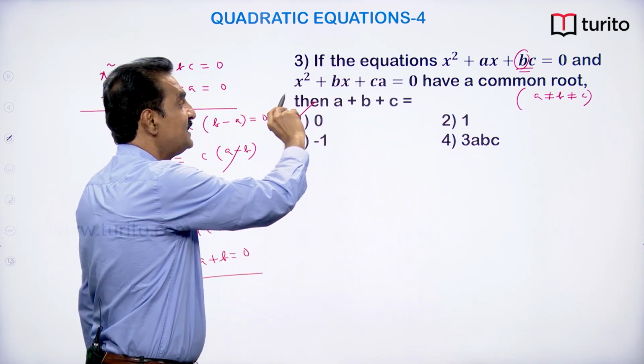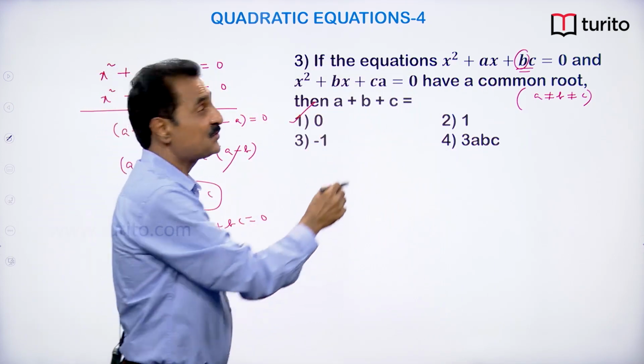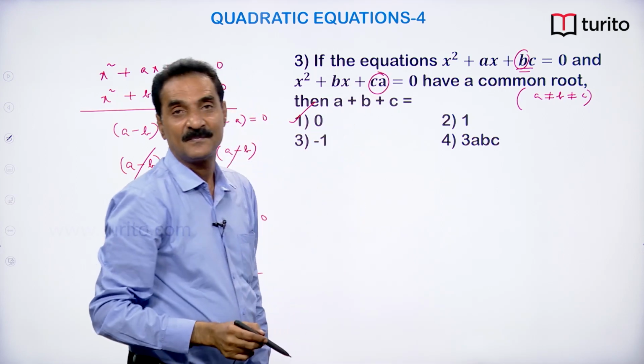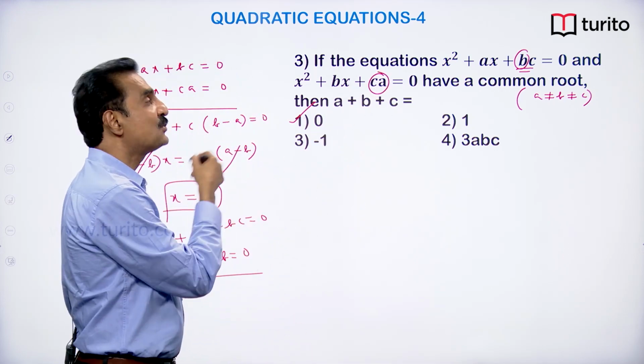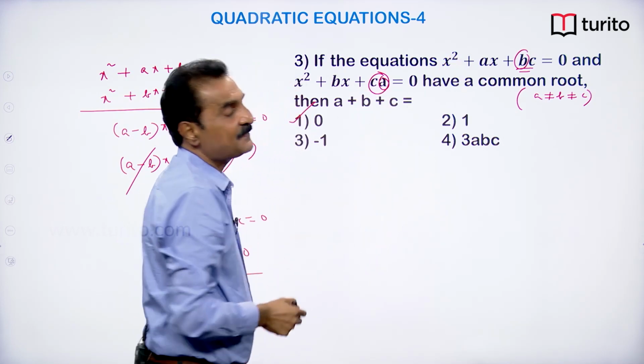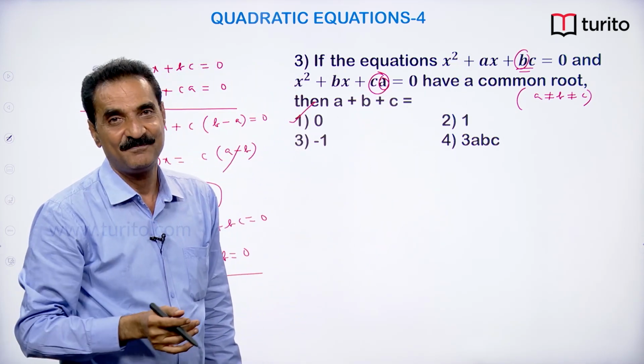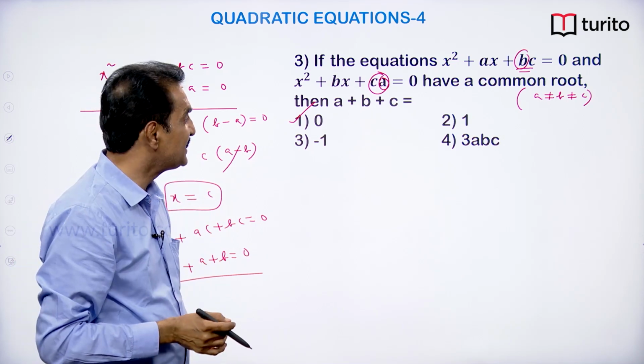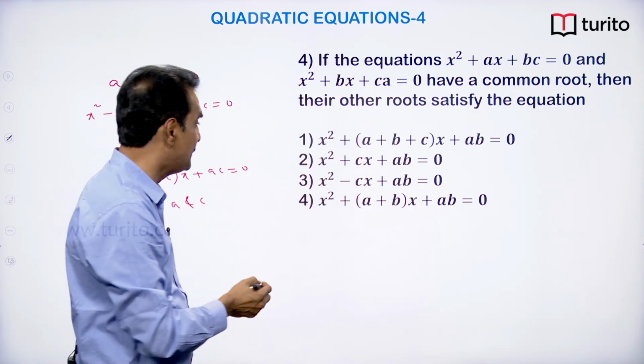Similarly, in the second equation, what is the product of the roots? ca. Common root is c. So, what is the other root? a. So, the other roots of the equation are a and b. So, what is the quadratic equation whose roots are a and b?